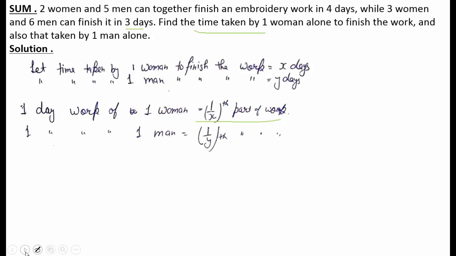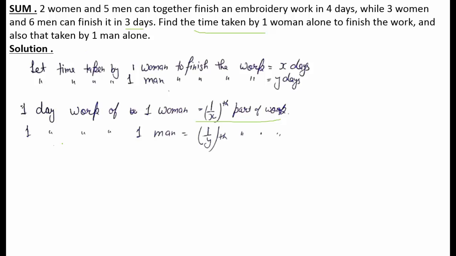Now if there are 2 women, then the one day work of 2 women will be twice, because if I am doing 10 units of work in a particular day, and I have another person of the same capacity, then we will do double the work.